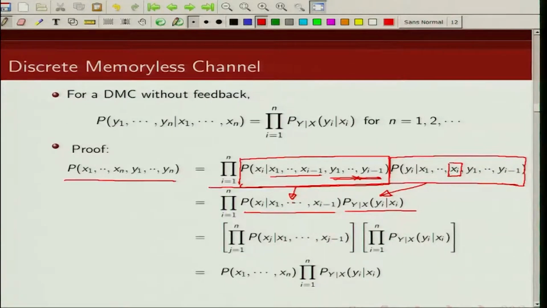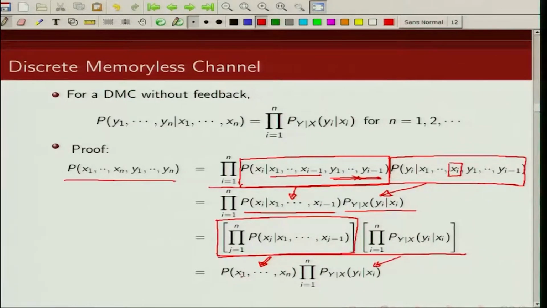So I can then write it in this form, and then I can write this in this fashion. And what is this term? This term is nothing but the probability of x1, x2, up to xn multiplied by this term.